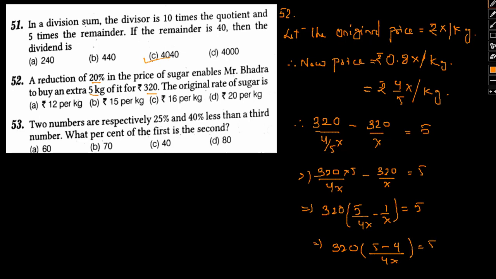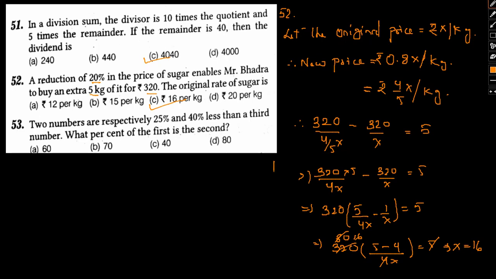Okay, so therefore we have x equal to 16. So therefore the original price is 16 rupees per kilo. Okay, so I hope this is clear.